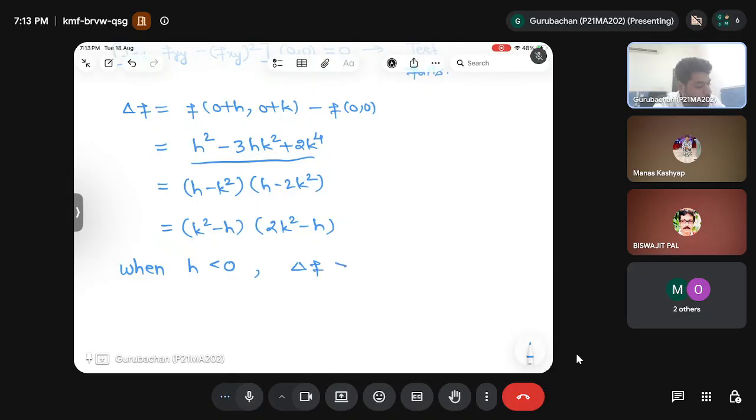Delta f will be positive. Yes. And when your h lies between k squared and 2k squared, then delta f will be negative. Correct.